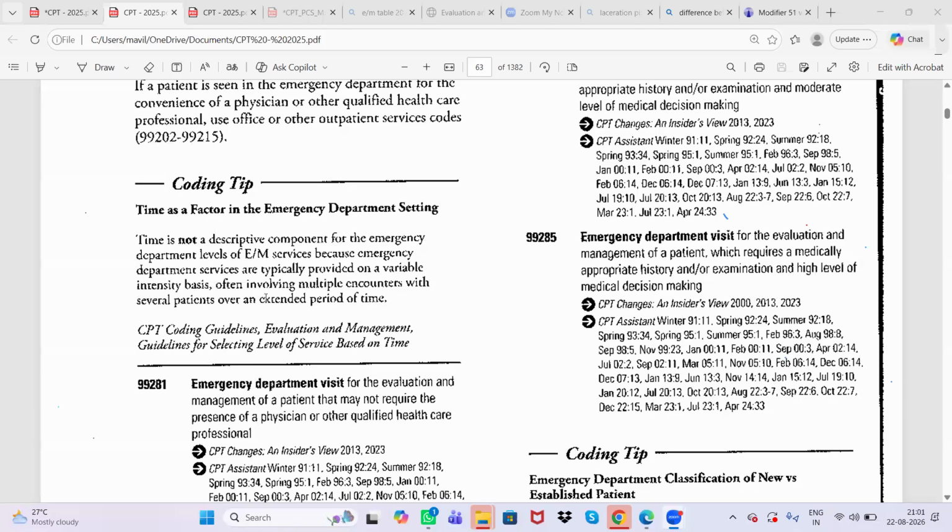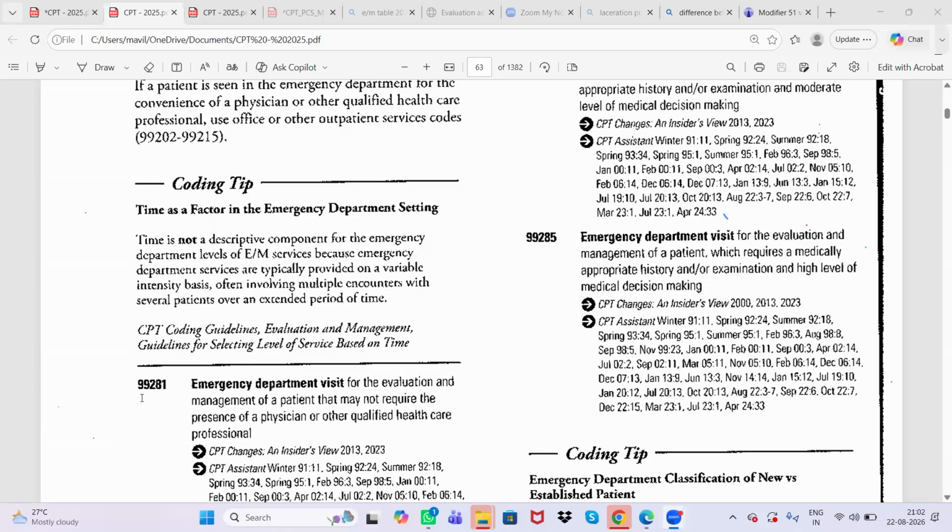For example, if a patient is having severe breathlessness, they can't wait and sit for a provider appointment, correct? So they will rush into the emergency department and get immediate treatment. That is the emergency department.